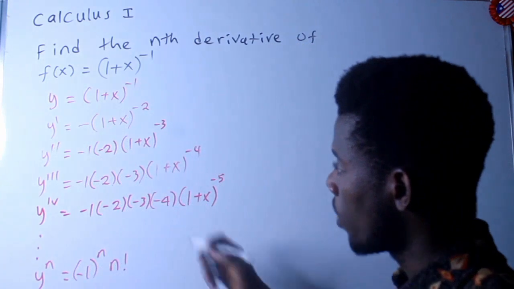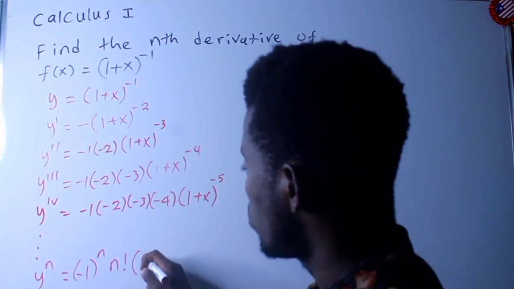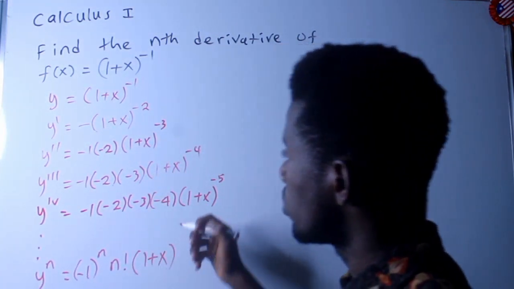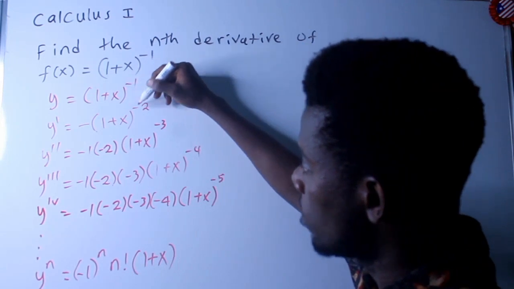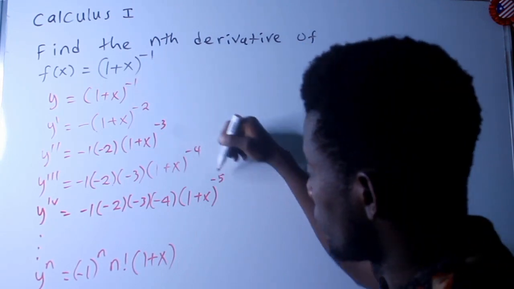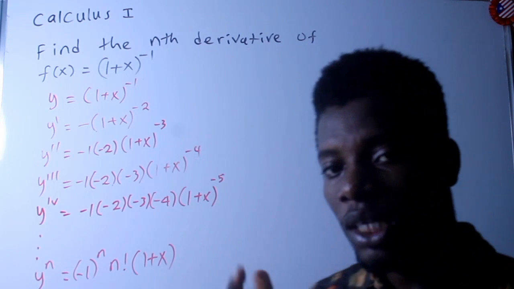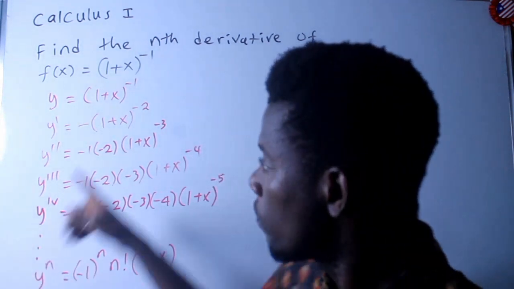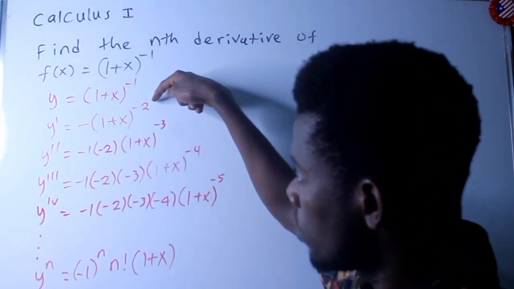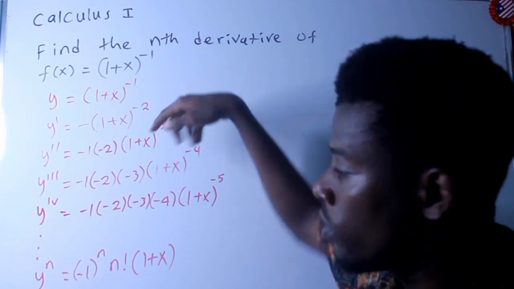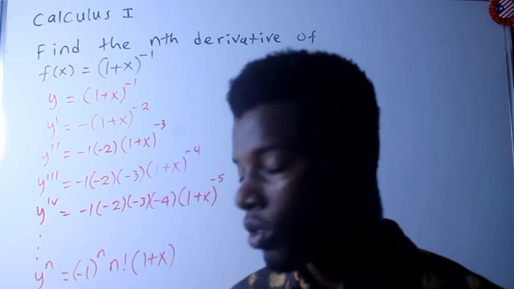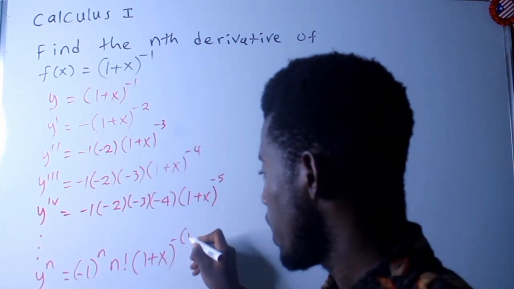And then we'll move on to write, parenthesis will be 1 plus x raised to this power. Here you have -1, -2, -3, -4, -5, and so on. So from -1, we add -1 to give us -2, add another -1 to give us -3. So in this case, it will be like n plus 1.